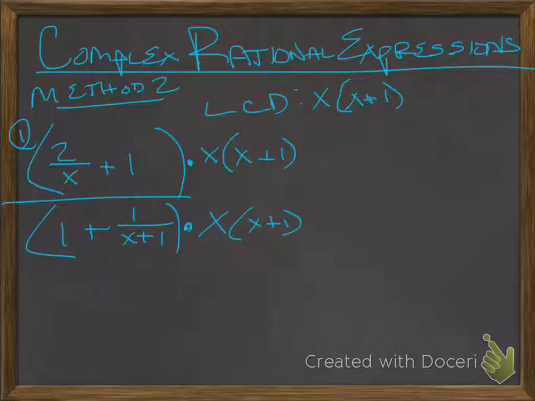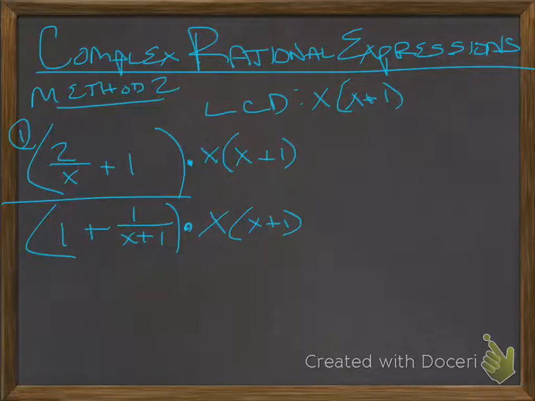And what happens is in this top part here, all my denominators in that part are going to cancel out, and all my denominators in that part are going to cancel out. So when I multiply this whole thing with 2 over x, the x's will cancel out.